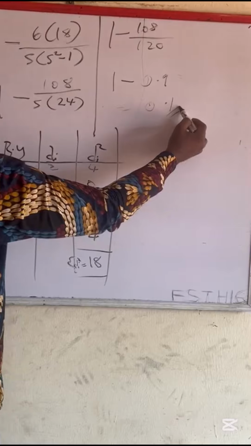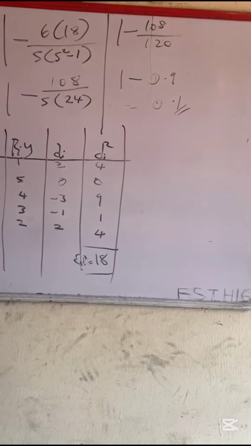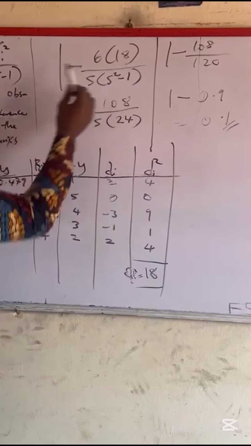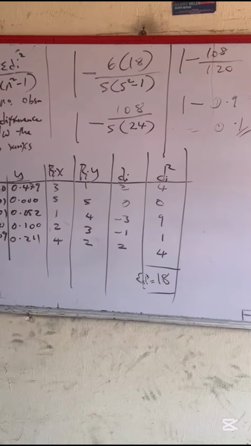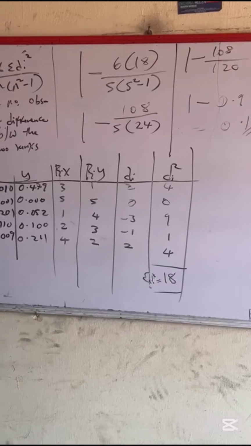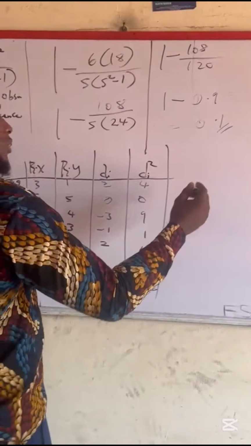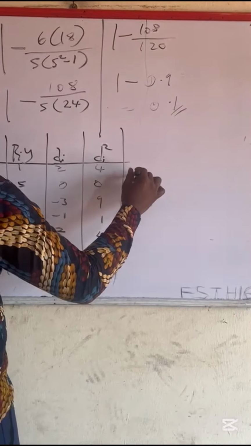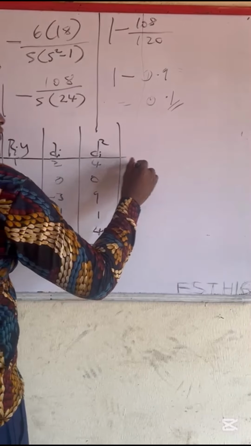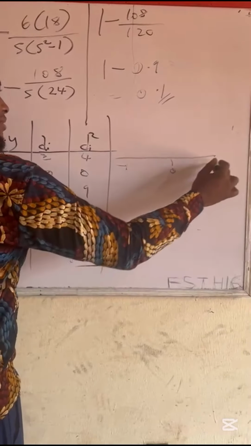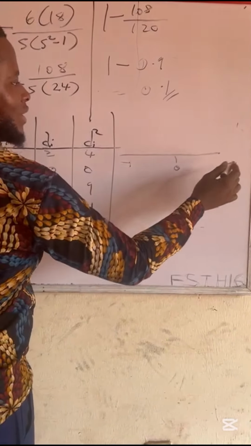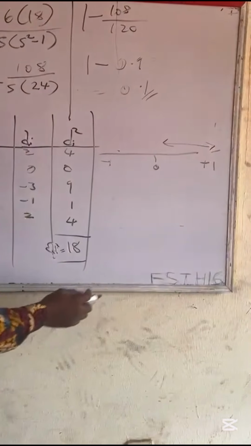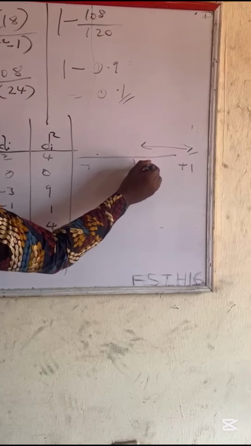So this is the correlation between x and y using the rank correlation formula. All right, but is this the answer? Remember that we said ab initio that we have -1 through 0 to +1. So 0.1 is closer to 0.